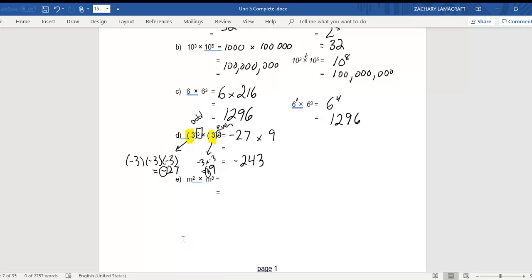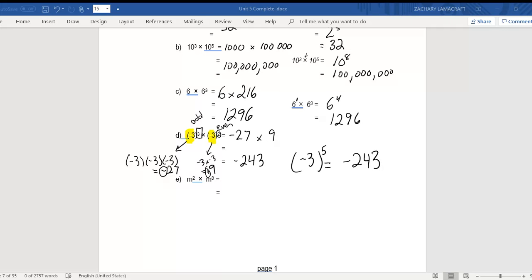So a negative times a negative will be a positive, but if we multiplied it by another negative, it would be a positive times a negative, therefore it would be a negative. So in this case, it's negative 243. And if we were to do the rule with that, it would be negative 3 to the power of 5, and in this case, it would equal negative 243.